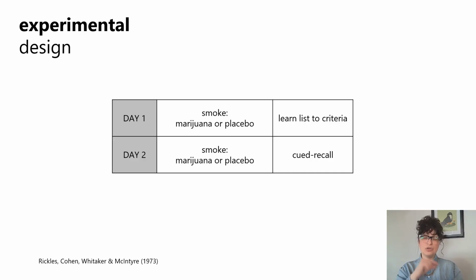And then on day 2, how did their cued recall go? So day 1, participants are either smoking marijuana or they're smoking a placebo, and learning the list to criteria, which is that you can go through all 9 pairs without making any errors twice. So how many learning trials did it take people to get to criteria is one question.